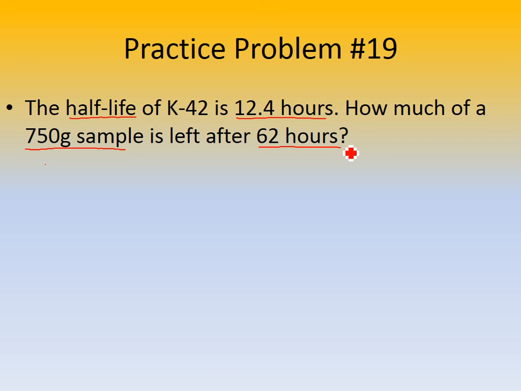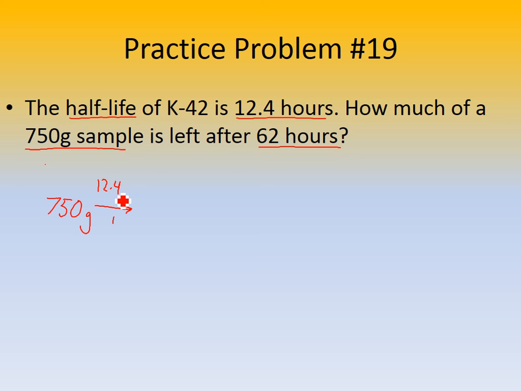So what do we have to figure out here first? Good, Abby. How many half-lives do we have to go through? There's a couple ways you can do this, but maybe the easiest is to just start here with 750 grams. The first half-life, how long does it take? 12.4 hours.